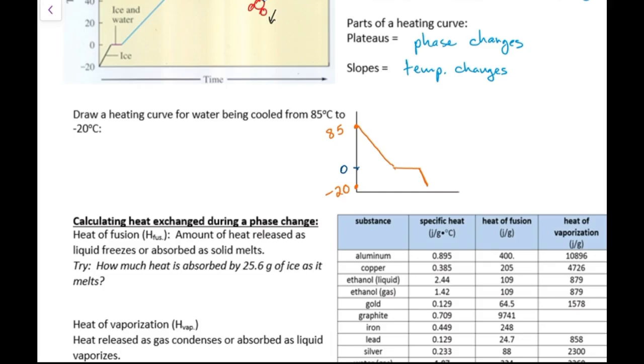Okay, you don't have to be too picky about the slopes or any of that stuff, as long as you understand that there's going to be three parts to this thing. It's going to cool down to the freezing point, it's going to freeze, and during that time where it's freezing, it's not changing temperature, and then it's going to cool down again down to negative 20.